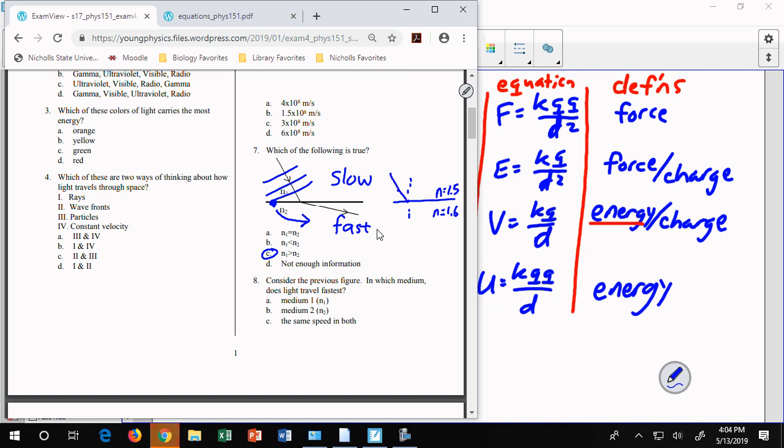And I ask you, what direction does it bend, towards or away from the normal? It's going to bend towards the normal, right? Because if I think about my ray fronts, it's slowing down right there, and this is speeding around in that direction, and so it's going to bend in that direction when it comes over here.